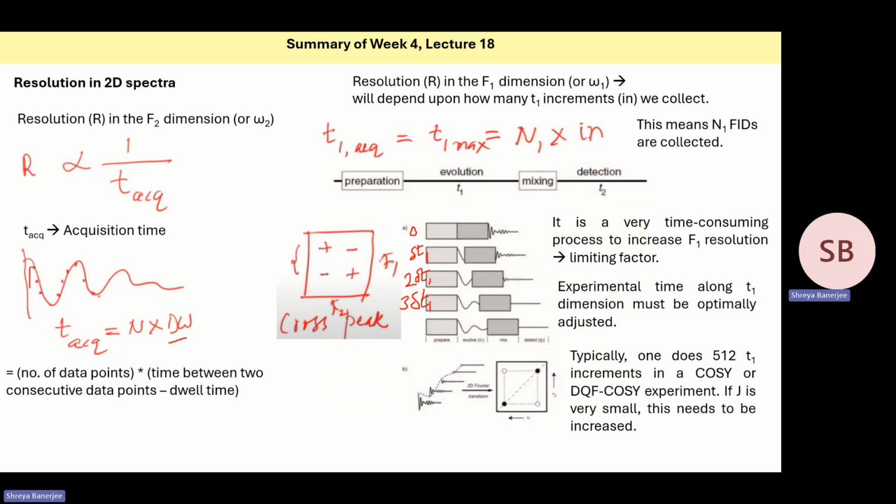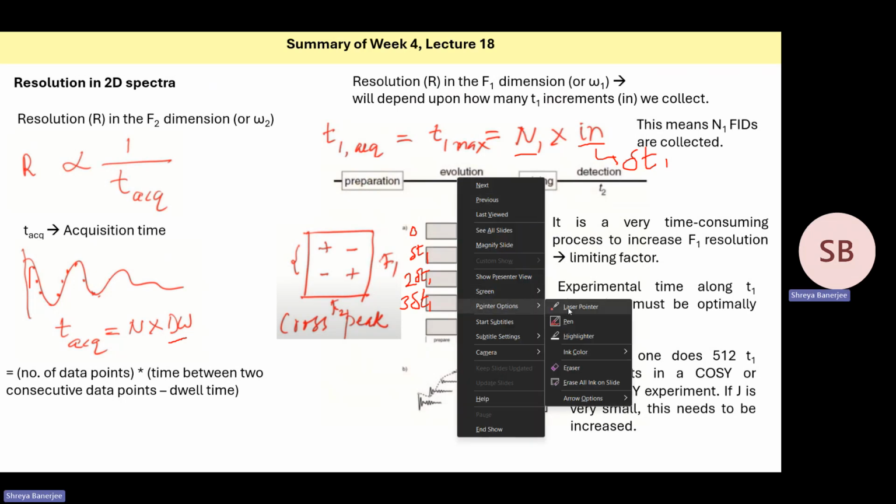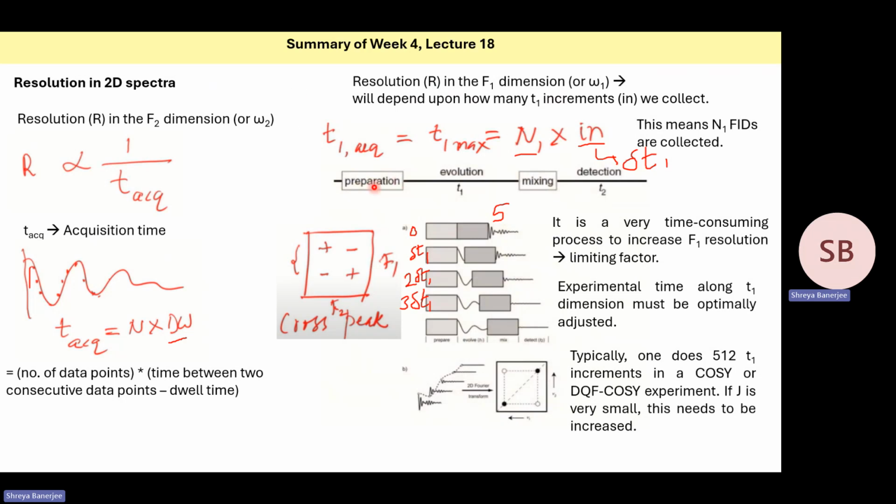So the increment is delta T1, and n is how many FIDs we are collecting. In this picture, we have just shown 5 FIDs. So n is the number of FIDs we are collecting. The acquisition time in terms of T1 is the number of FIDs we are collecting multiplied by the increment time between each FID.